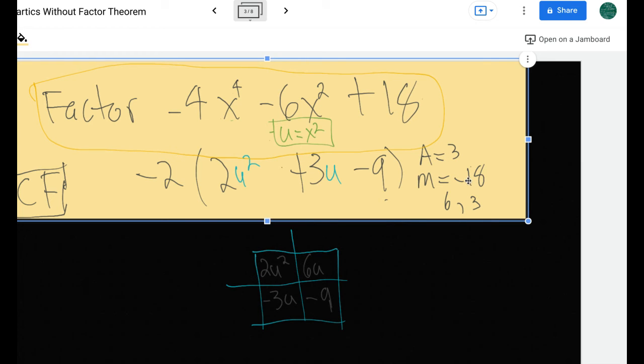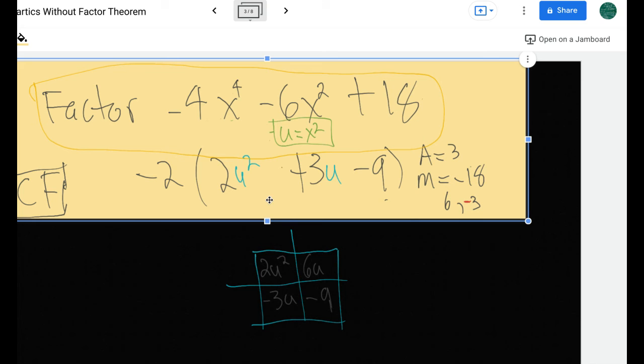So 18, 6, and 3 right there, but will it be positive or negative? Well, it multiplies to a negative and it adds to a positive. So that means the positive is bigger in terms of size. So that would make the 3 negative. Okay, so 6 and negative 3.